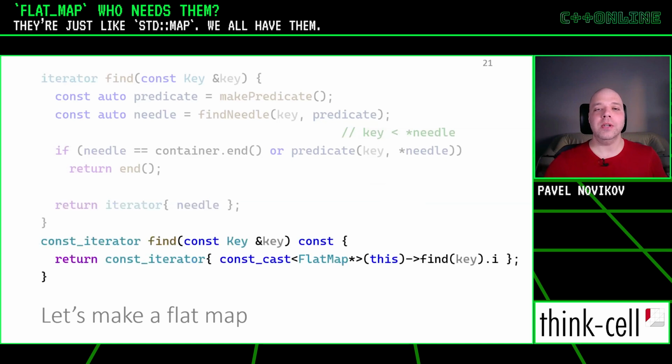For the const version, we have this kind of trick. We const_cast away the constness of this, and we use the mutable version of find. We get an iterator from that. We then return that iterator, adapting it with the const iterator type.